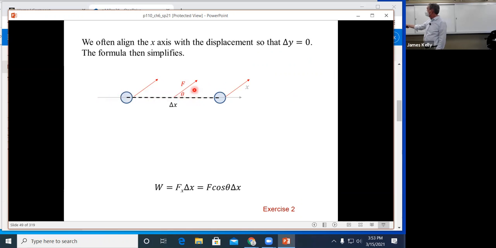So that angle theta would open up to 180 degrees. Do you know what a cosine of 180 degrees is? Minus 1. So that's where that minus sign is coming from. You could technically use that formula, but you got to remember the angle is relative to the direction it's being displaced. How far do you have to rotate around to get to the force we're concerned with? And in this case, it would be 180.